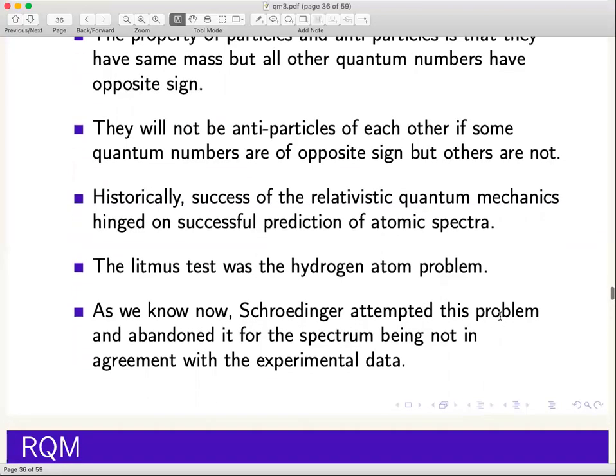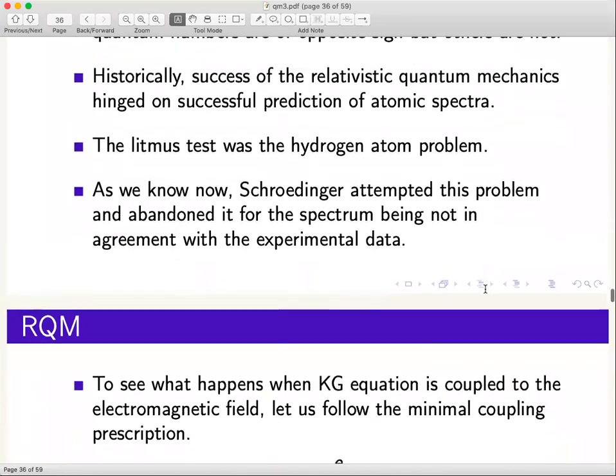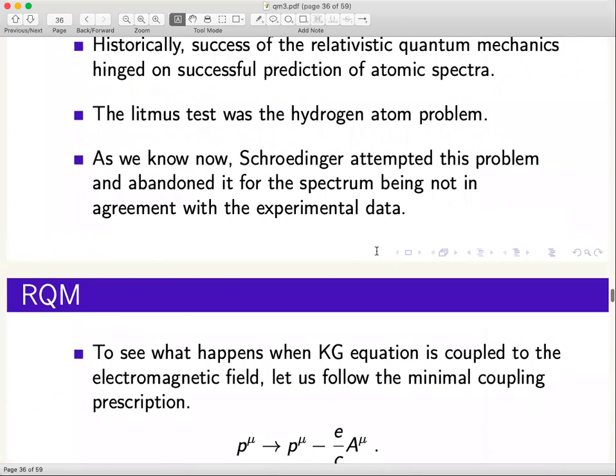Now, I had mentioned earlier that Schrödinger, of course, attempted this problem. In fact, he had written down the same equation. He replaced P mu by minimal coupling, and he attempted to solve this, and he found that his results do not agree with the experimental data. So we'll see exactly what is this problem.